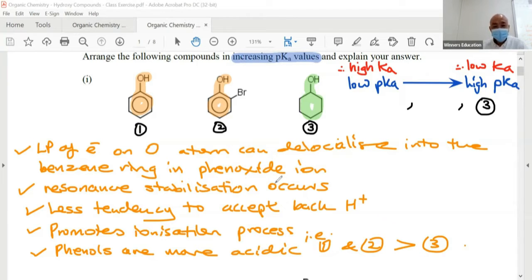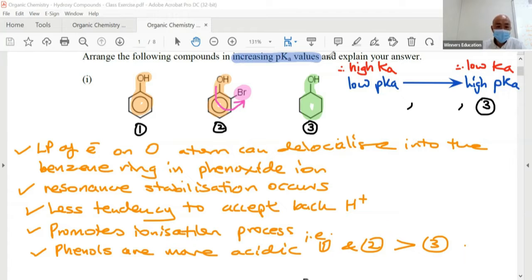So once I'm done with the orange versus the green, all right, green is out. I now have the 2 orange to take care. So what should I do? All right, take a look. The only difference is this one has the additional bromine substituent. And therefore, that's my answer in a short while. This Br is a what? It's an electron withdrawing group. Okay?